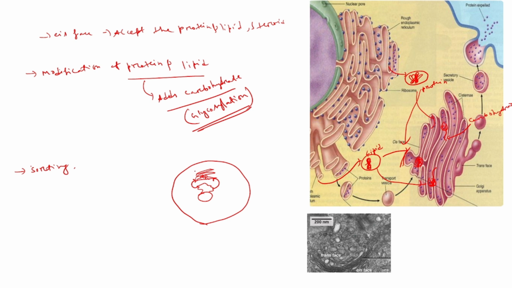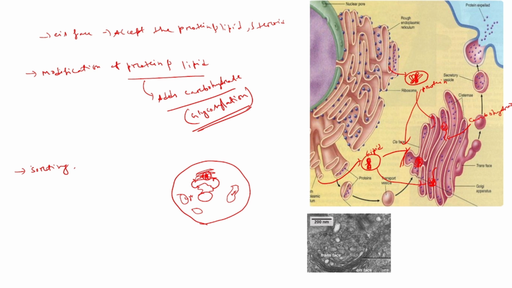Then it decides where this protein or lipid should go. There are many organelles, for example the mitochondria and lysosome. Let's suppose this protein is for the mitochondria. Then the Golgi decides whether it should go to the mitochondria or not.